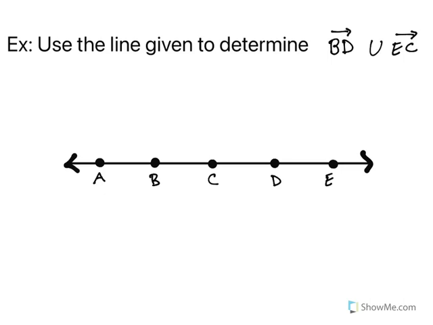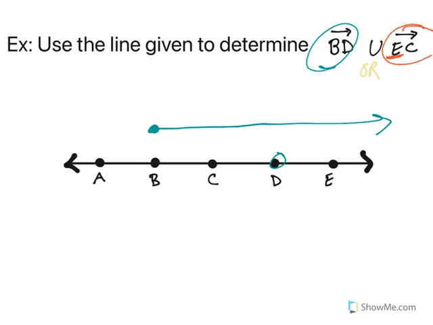Use the line given to determine ray BD, or, right, union means or, ray EC. Well, what does ray BD look like? Here's B, and we're going to go this way forever, towards D. The other one, we start at E, that's here, and we go towards C, which is here, forever.